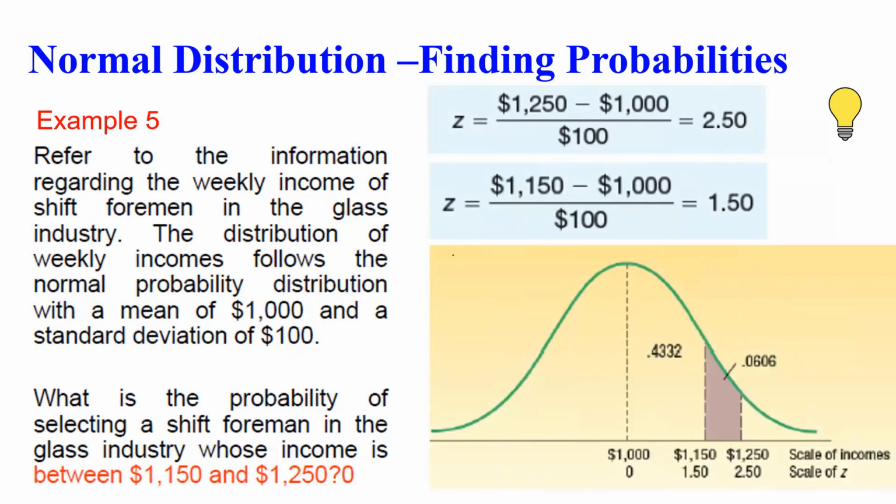Again, you can use the z-score: P(Z less than 2.5), the highest value, minus P(Z less than 1.5). Then you get the answer. Remember, every time you use the calculator, you need to come up with the regions we are looking for.